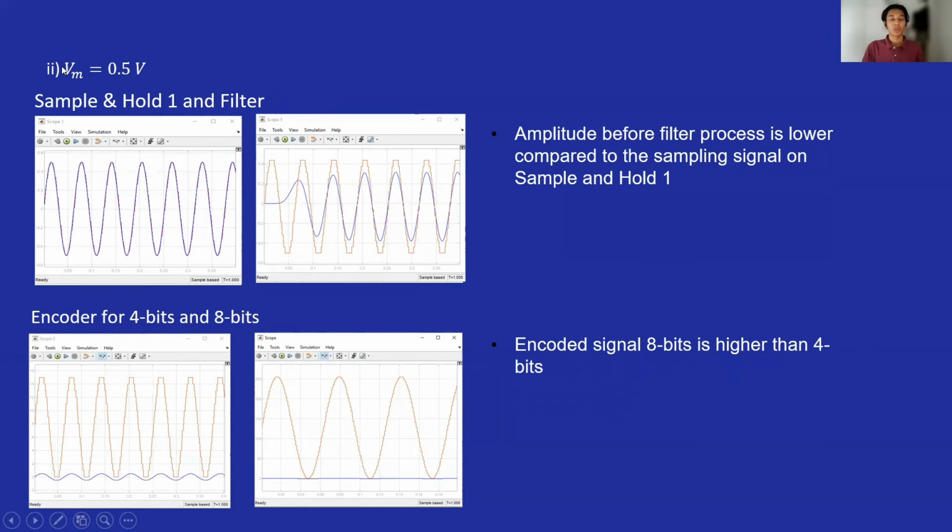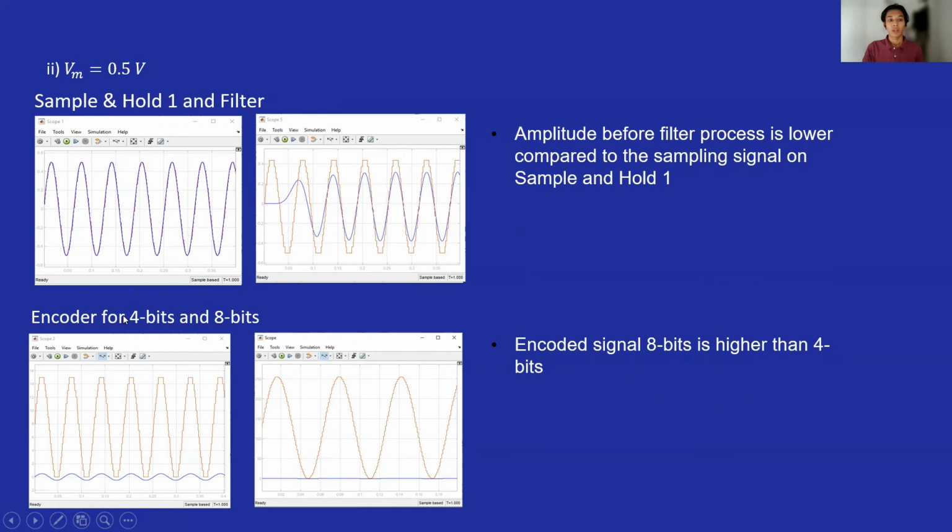Moving on to the second one, which is VM equals 0.5 volt. For the sample and hold and filter, also the amplitude before the filter process is lower compared to the sampling signal on sample and hold 1.